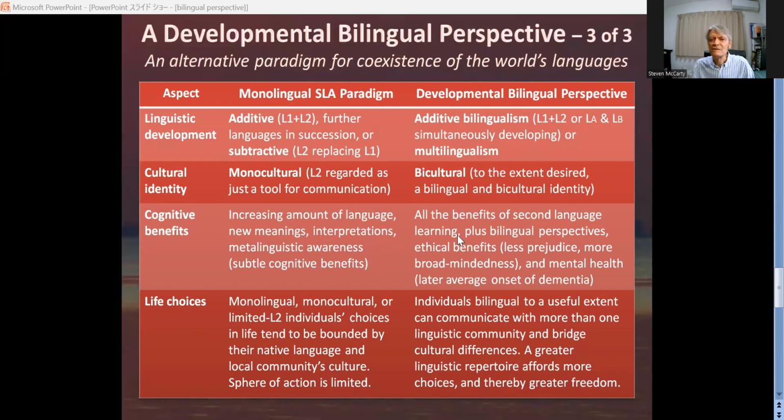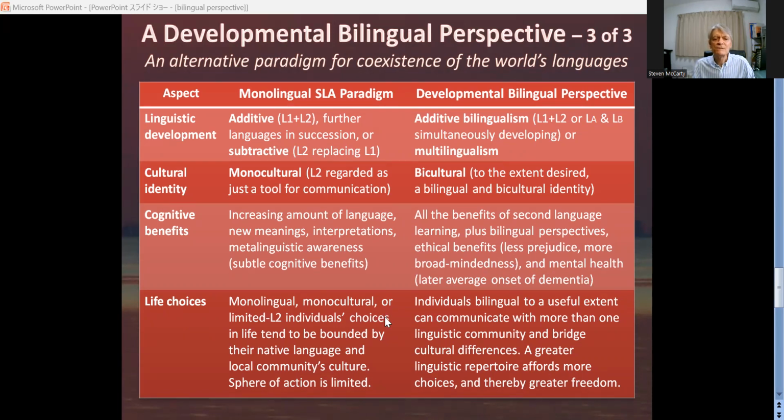But the bilingual approach has all the benefits of second language learning plus bilingual perspectives, and ethical benefits such as less prejudice and more broad-mindedness, which my research has shown, and mental health benefits of being bilingual are well known, like a later average onset of dementia. Being bilingual is the only way that has been shown to ward off dementia by an average of, say, 4 or 5 years.